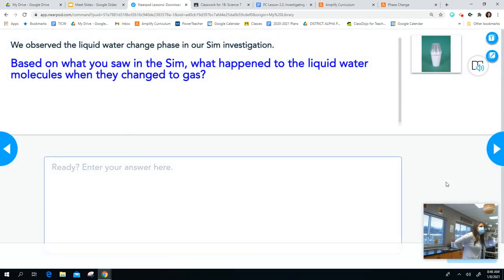So based on what you saw on the sim, what happened to the liquid water molecules when they changed to gas? What did those molecules do differently?